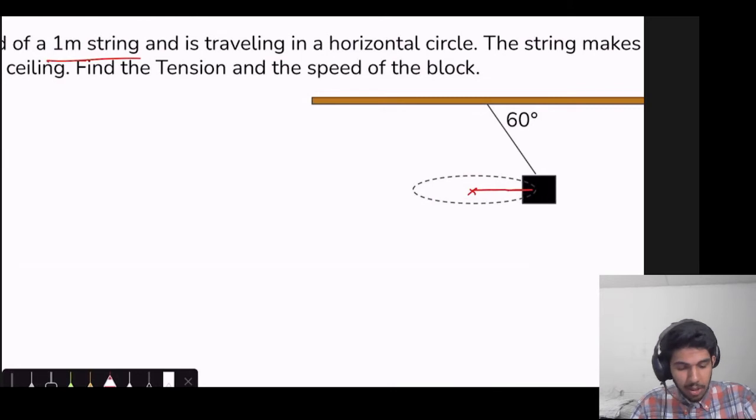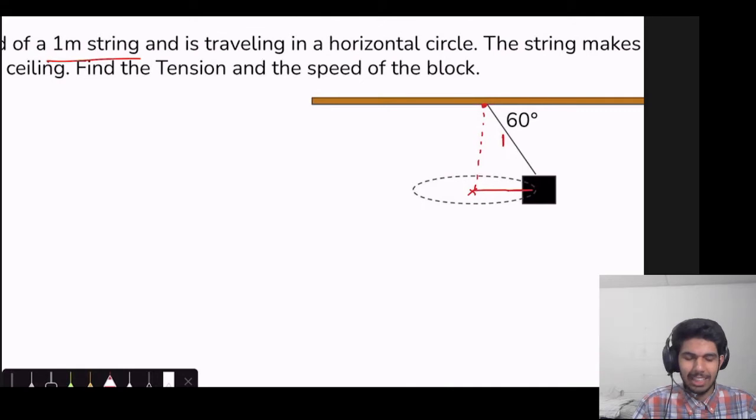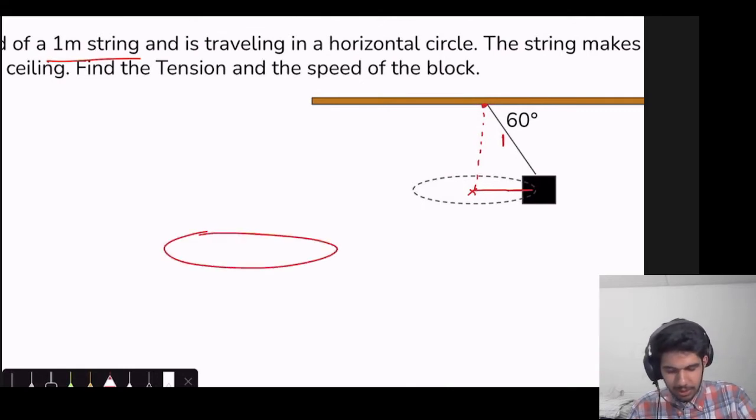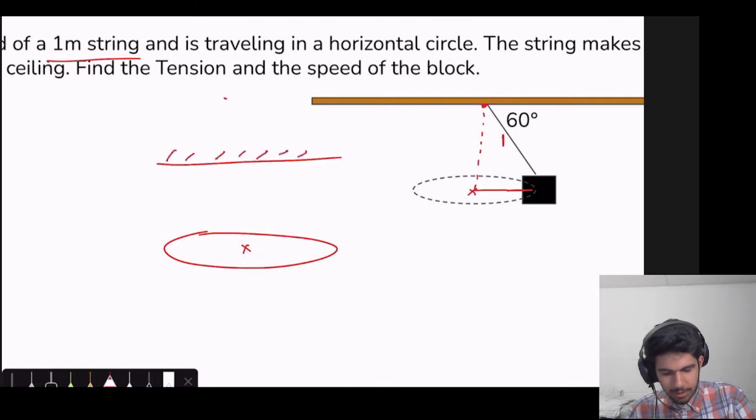We're given that this is 1, and then we can draw a perpendicular, and we can see that the point of contact with the ceiling is right above the center of the circle, and that's just by nature. That's how it works. It would not make sense for us to have this horizontal circle, this is the center, and then some sort of ceiling here, and the block is tied here, right?